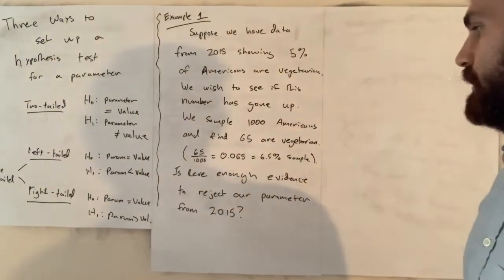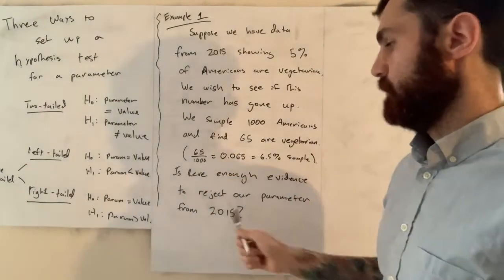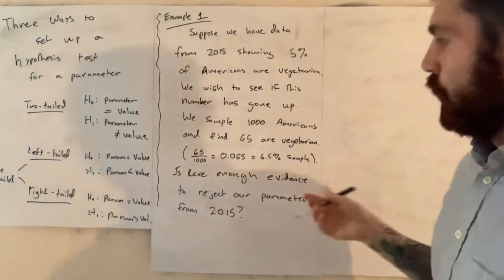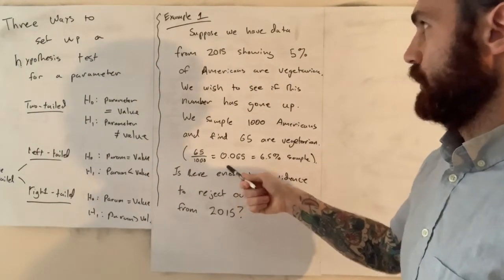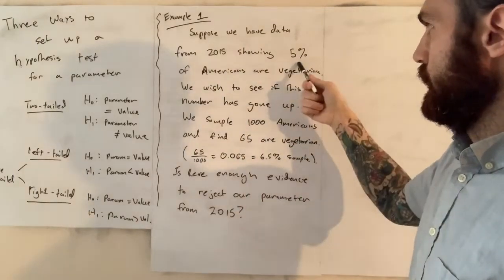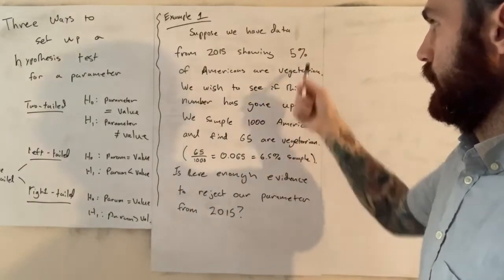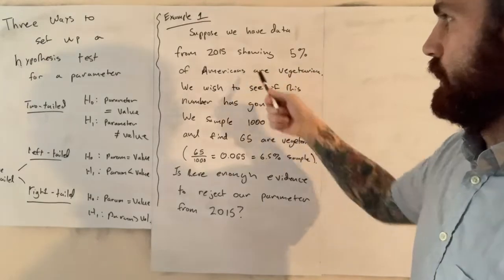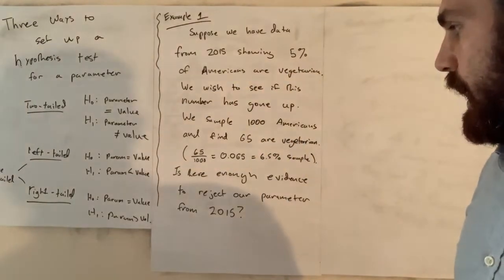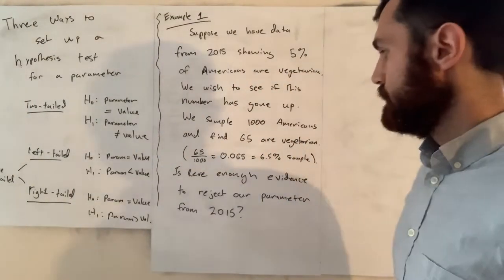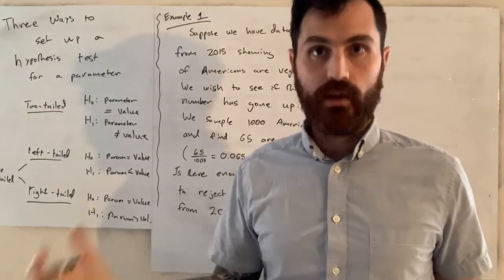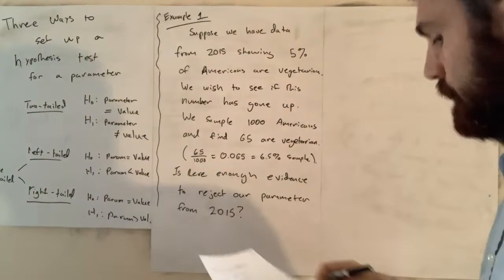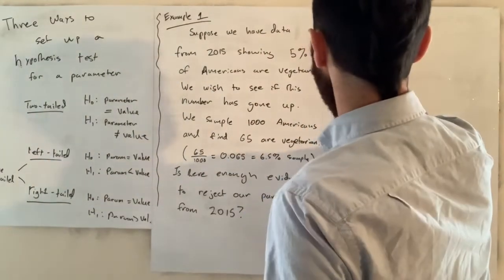Is there enough evidence to reject our parameter from 2015? So what we've found is that our sample is actually larger than the average American number, but what we have to do is analyze if this would be a typical sample. So that's the idea.